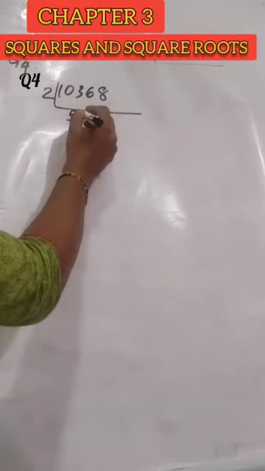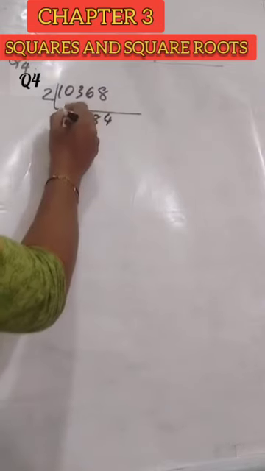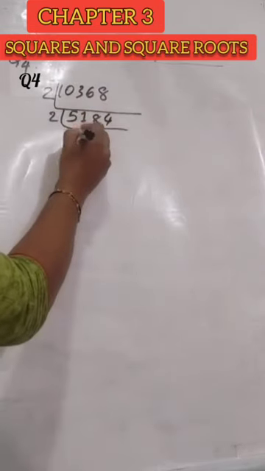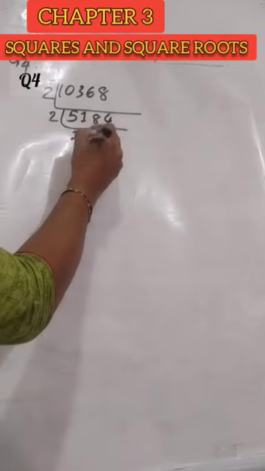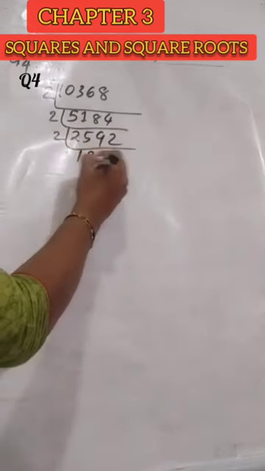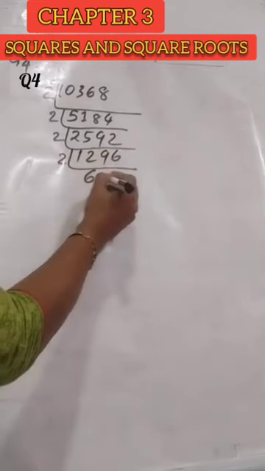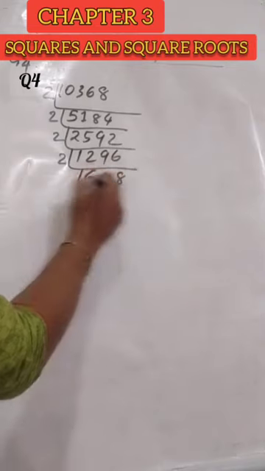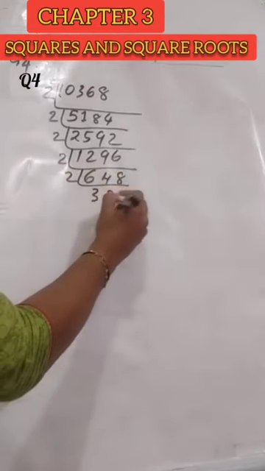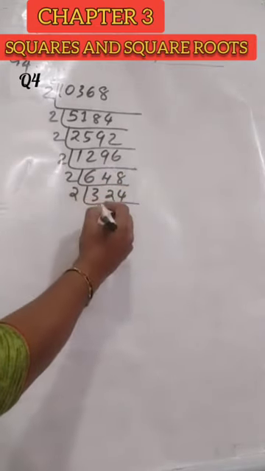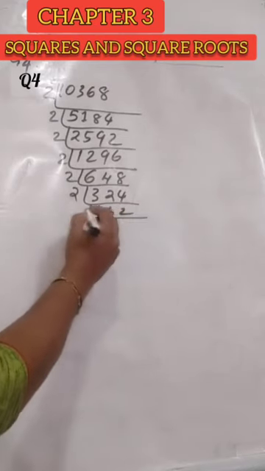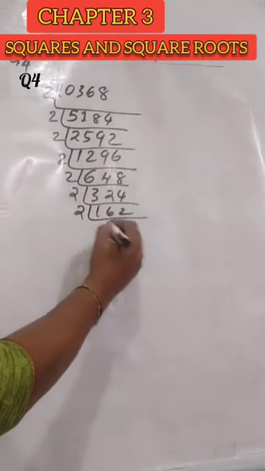It's divisible by 2. 5 2s are 10, 1 and 8, 4. Again it's divisible by 2. 2 2s are 4, 5 2s, 9, 2. Again divisible by 2, we get 1296. Divisible by 2, 6 2s and 4, 8. Divisible by 2, 324. Divisible by 2, 162. Again divisible by 2, 81.